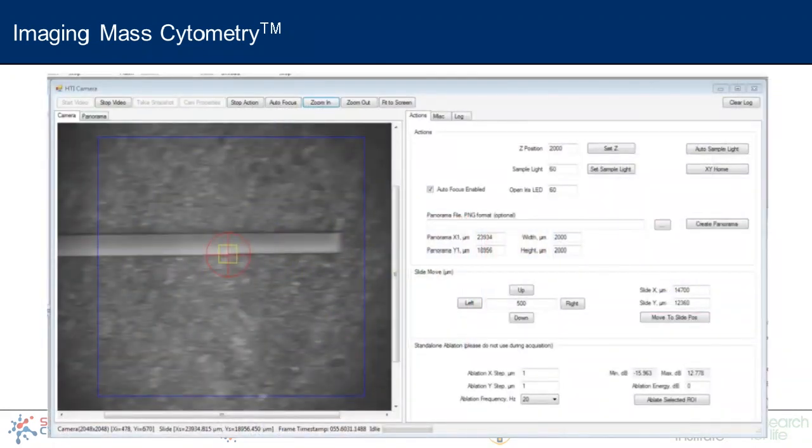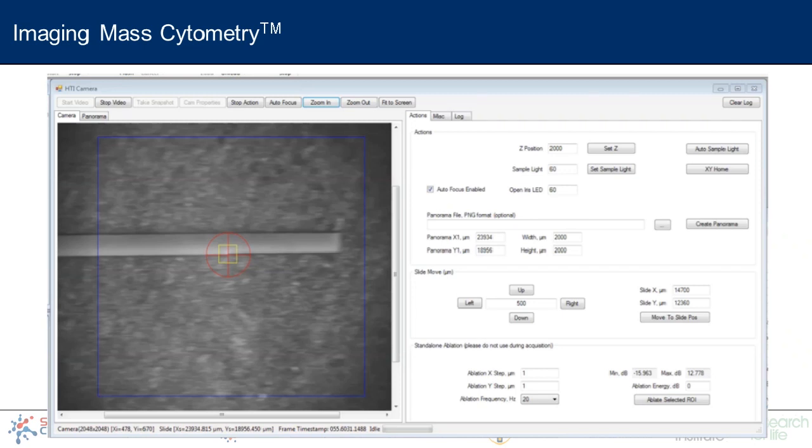Now, what this looks like when we're actually imaging is something like this. As you can see, the crosshairs are a spot on the tissue where the laser is firing, and we're looking down at a tissue section within the Hyperion itself. And you can see that the crosshairs are moving from left to right as it's firing the laser down at the tissue and ablating small bits of tissue at about 200 shots per second.